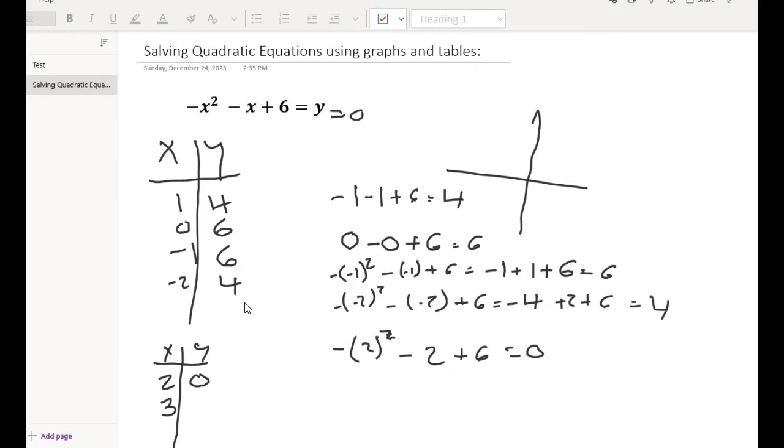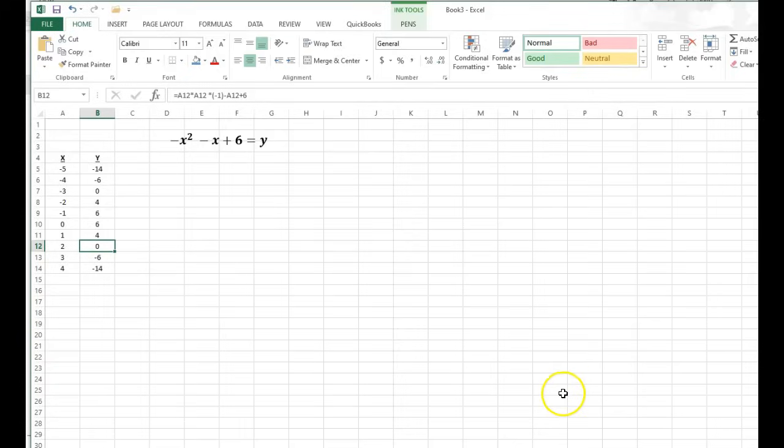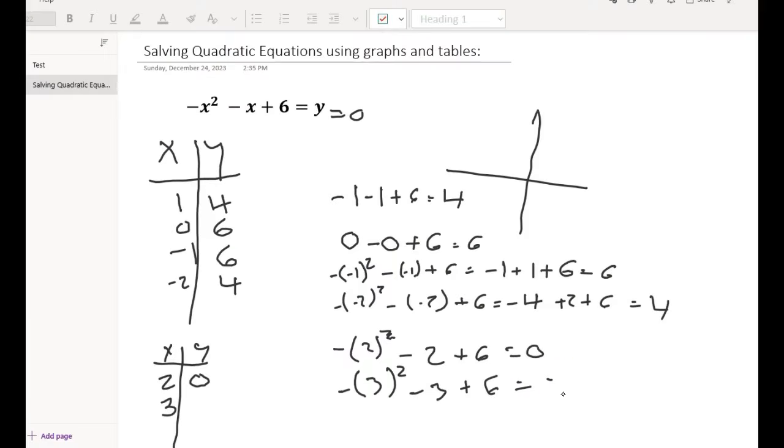Okay, 3: minus 3 squared, minus 3, plus 6. So that's minus 9, minus 3 is minus 12, plus 6 is minus 6. That's right, minus 6.